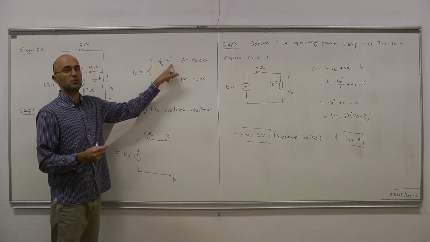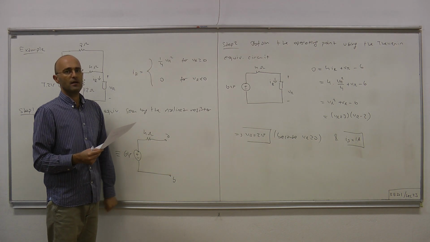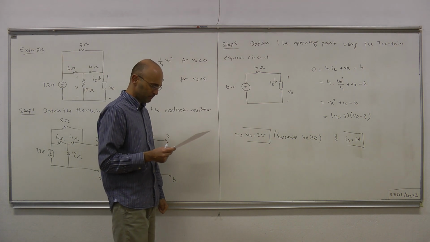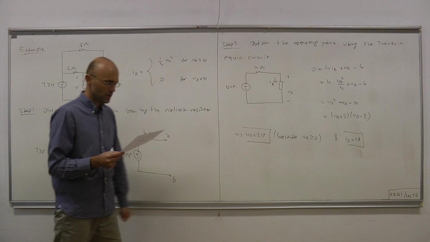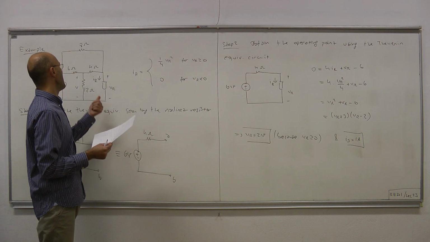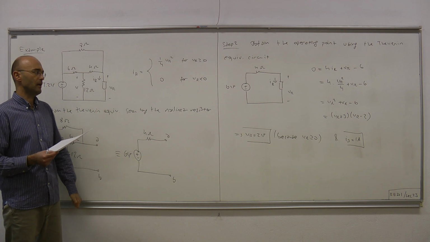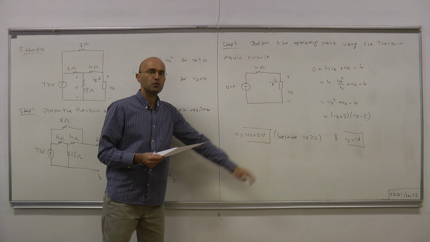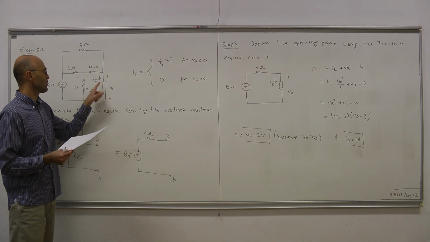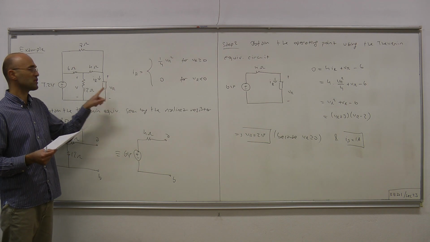Okay, I plug in VR equals 2 here, and IR is 1 amp. Okay, so that was step 2. If we were asked the operating point for the nonlinear element, then that would be where we would start. But we're not asked for this current or this voltage, we're asked for something else.